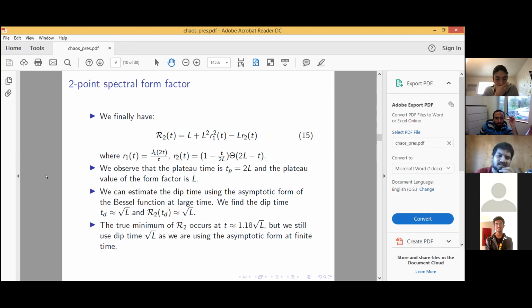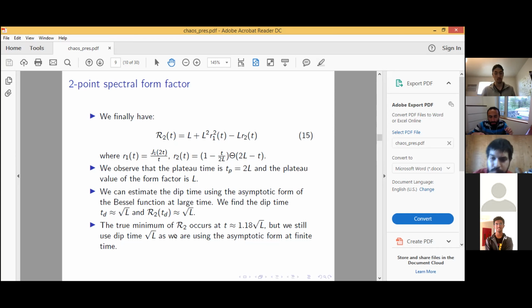There's a slight problem here: the dip time actually occurs at some intermediate finite time, but we use the asymptotic form of the Bessel function to estimate the minimum of R2. Using that, we find that the dip time is approximately root L, and the value of the form factor at the dip time also evaluates to something like root L.